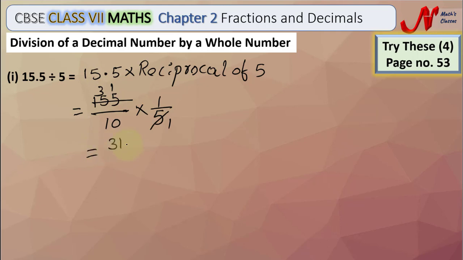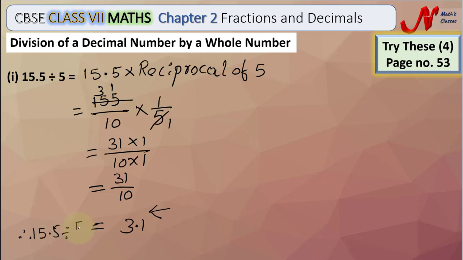So it can be written as 31 into 1 by 10 into 1, which is 31 by 10. In the denominator we have 10, so in the final result from right to left we keep the decimal point after 1 digit. Therefore 15.5 divided by 5 is equal to 3.1.